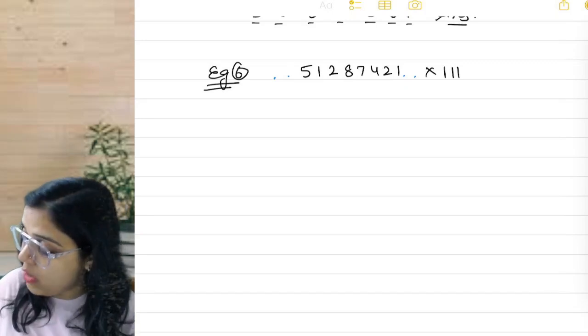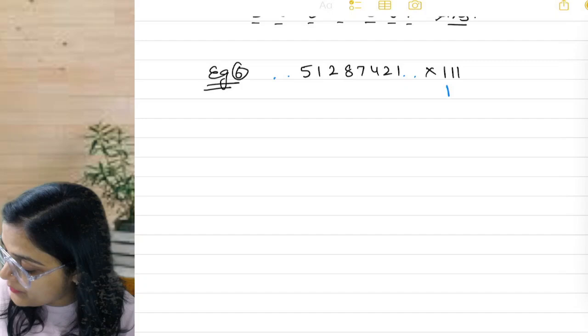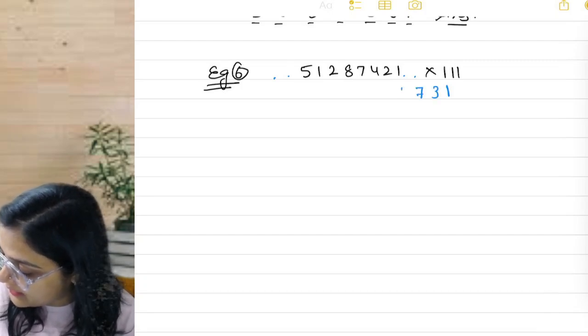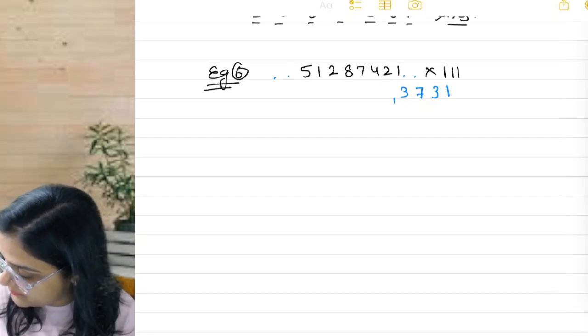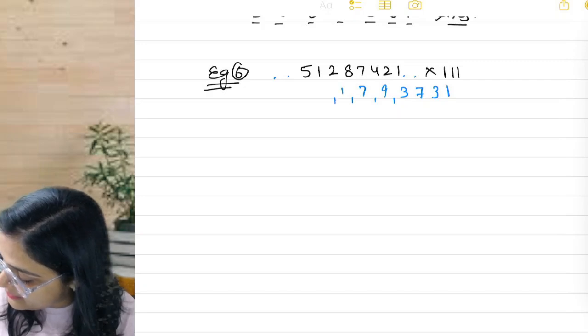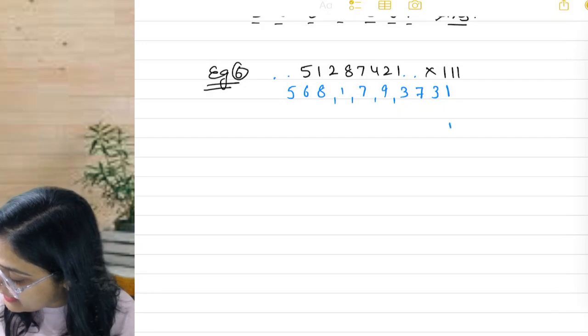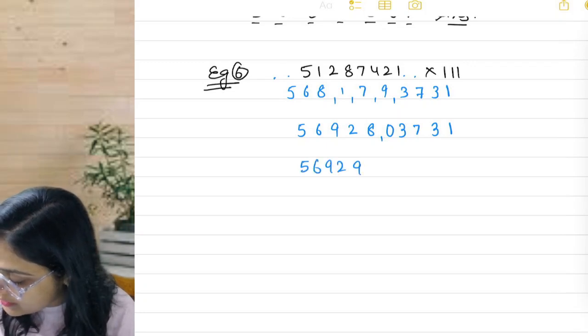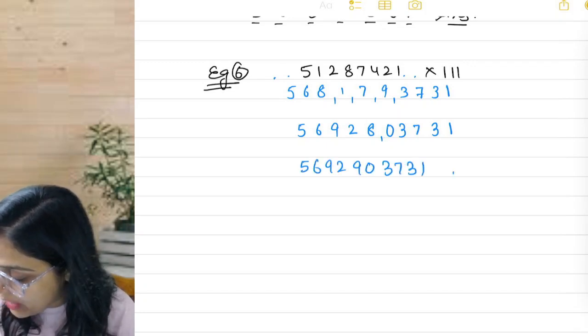Okay, so how am I going to write the answer? My answer will be 1. 2 plus 1 is 3, 4 plus 2, 6 plus 1 is 7, 9, 10, 13, 19, 17, 11, 8, 6, 5, and after balancing my answer is 1, 3, 7, 3, 9 plus 1 is 10 again, 8, 2, 9, 6, 5, and final answer will be 5, 6, 9, 2, 9, 0, 3, 7, 3, 1.